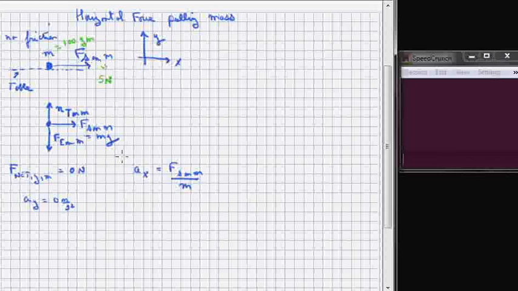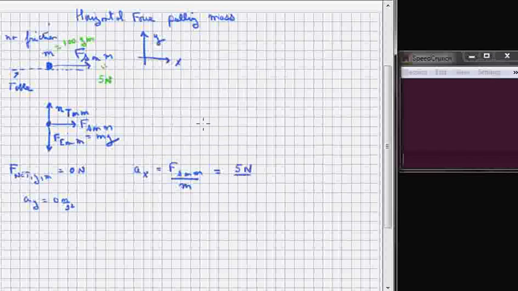Okay, so if we plug these numbers in, the acceleration in the x direction would be 5 newtons, and I bookkeep this 5 newtons as a positive force because it's pointing in the positive x direction. Bookkeeping rules same as for kinematics. And then the mass is 100 grams.